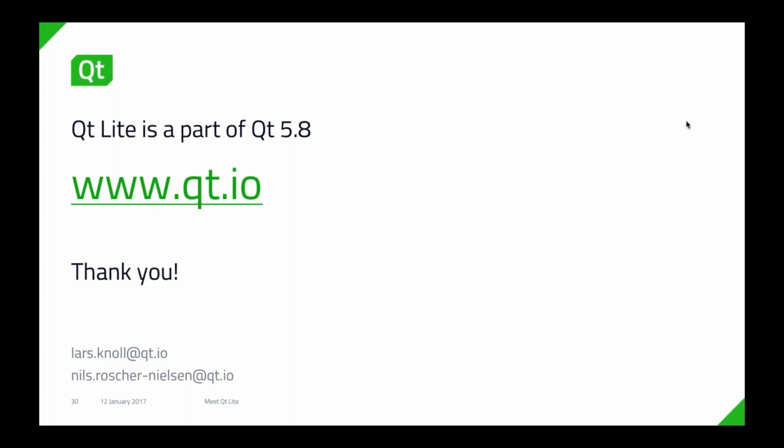Let me see here. Regarding the QMakeJSON thing, there's a question if this is some kind of package management. I don't know if you want to explain a little bit about that, Lars. No, it's not package management. Package management would mean that you go in and split things up into things like what you have with Debian packages or other Linux packages.